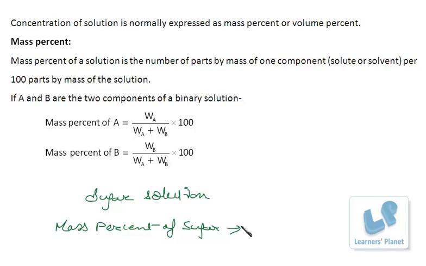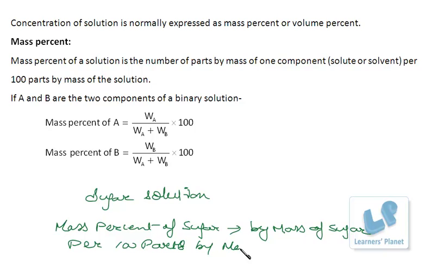That is the number of parts by mass of sugar per 100 parts by mass of solution. So mass percent is the mass of one component per 100 parts by mass of solution.